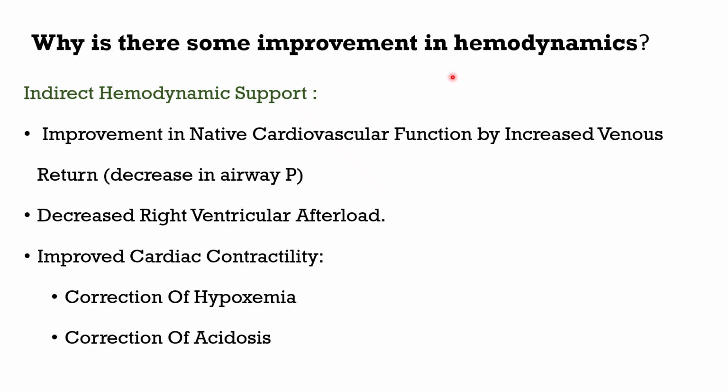At that time, we decrease all of these and put the patient on a lung protective strategy, and that will help decrease positive intrathoracic pressure and increase venous return. Also, there is a decrease in right ventricular afterload, which happens because of relieving pulmonary vasoconstriction. Cardiac contractility also improves, which happens when we correct the hypoxemia, remove CO2 and correct acidosis.